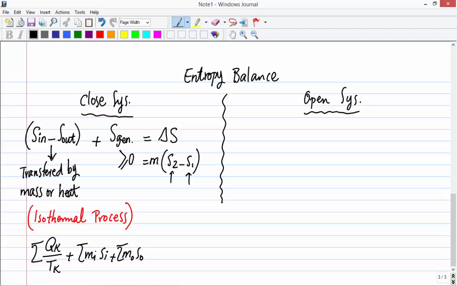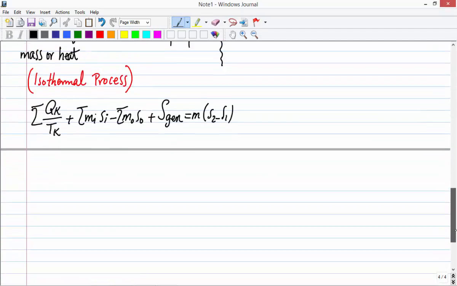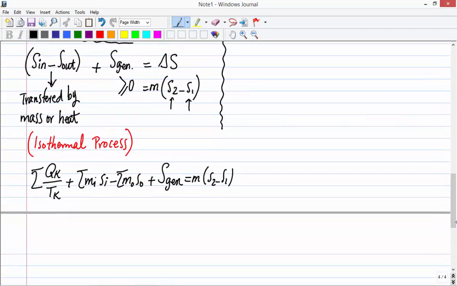Mass leaving the system, so it's negative here. If the mass leaves, it will carry out entropy with itself, plus the portion which is generated, equals m times S2 minus S1. And on both sides, your unit is kilojoule per Kelvin.